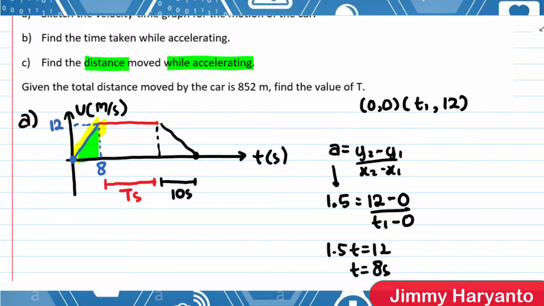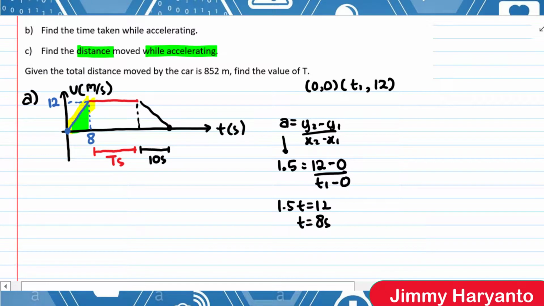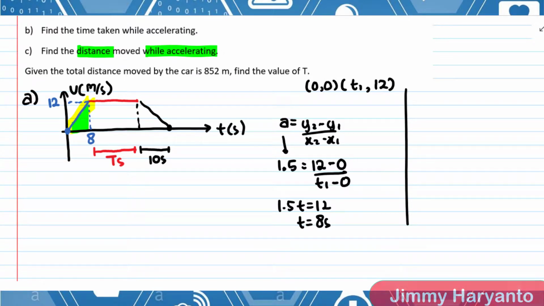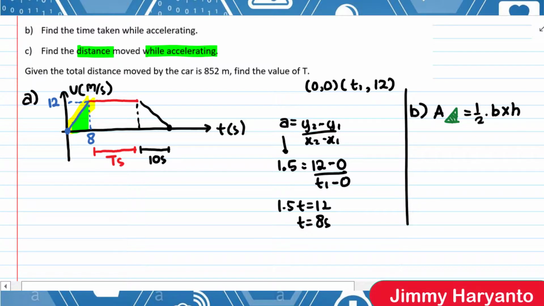Because the sketch is a straight line, we can find the distance easily by finding the area. The area of the green one will be half times base times height, so half times 8 times 12. So I will have 48 meters for the distance while accelerating.